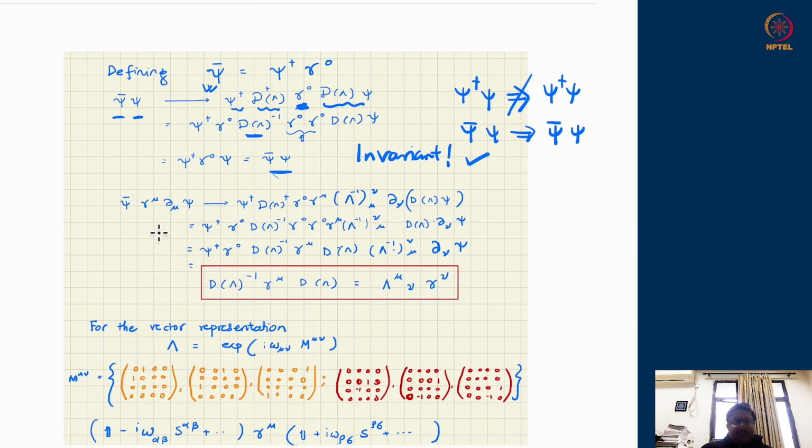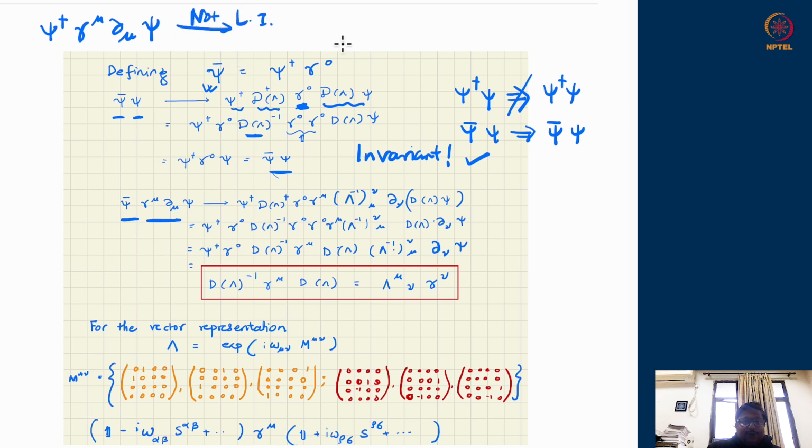Similarly, if I look at the first term in the Dirac Lagrangian we were trying to write down, psi dagger gamma mu del mu psi, this was again not Lorentz invariant.